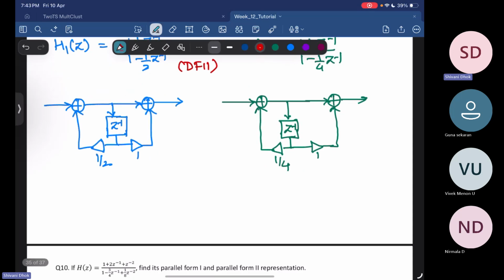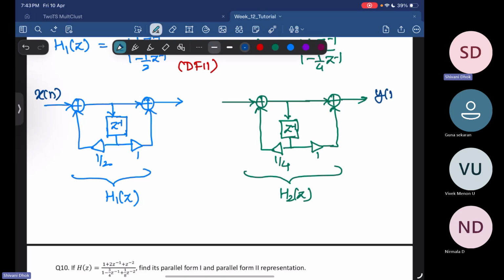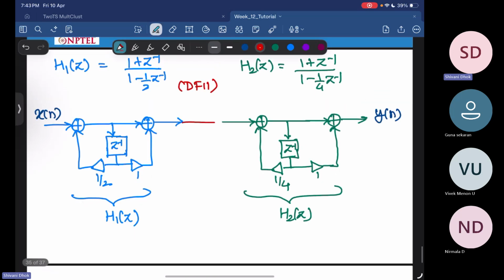So this was your H1 of z. This is your H2 of z. Input is x of n, your output is y of n, and in order to connect them in cascade, we just need to connect them like this. So effectively what you get here is your H of z. Is it clear? Any questions?